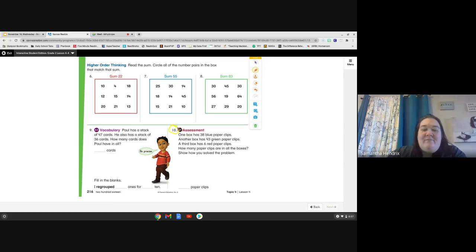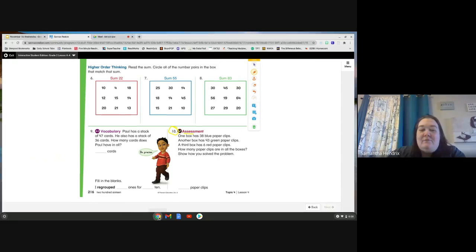Do number 10, the little assessment check. So on the front, 1 through 5, and then on the back, number 10. Take a picture, put it on your Seesaw assignment, and send it to me. Okay. Good job, guys.